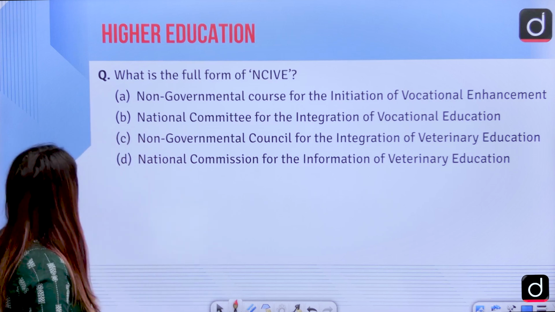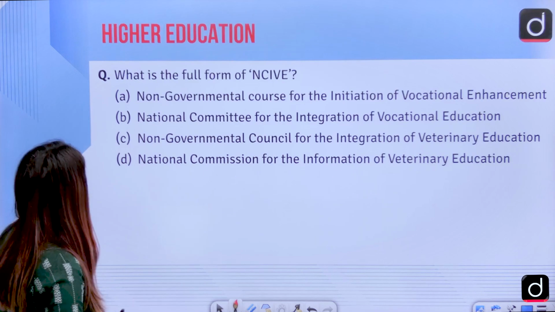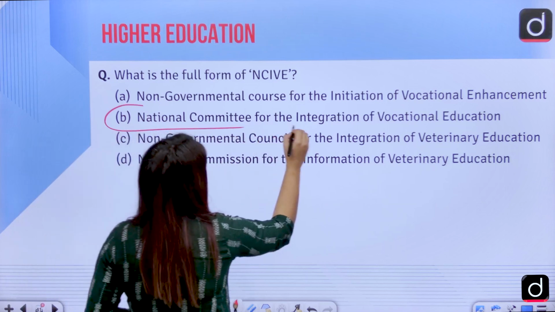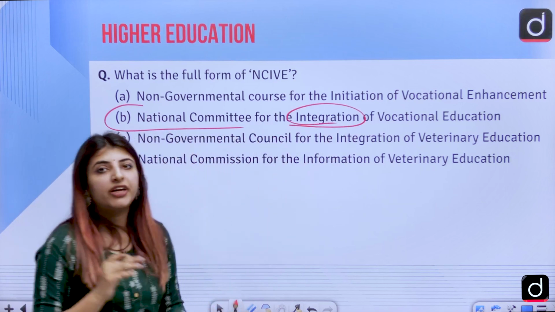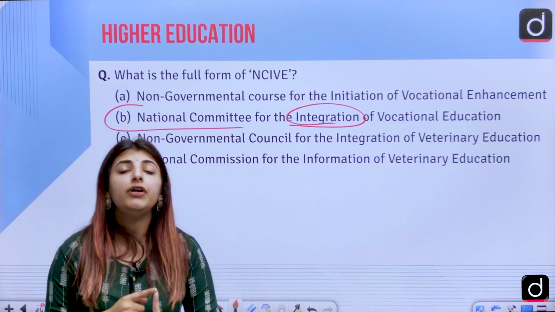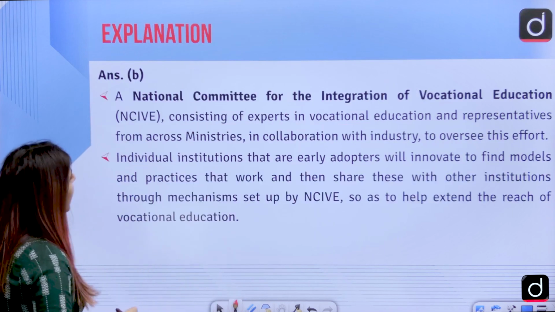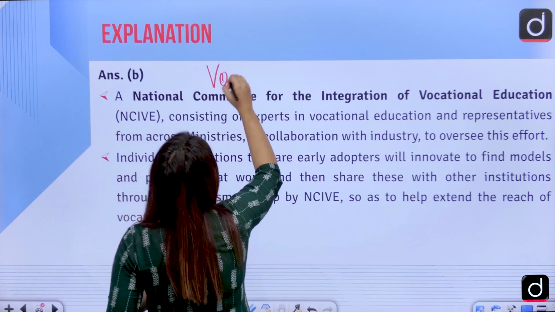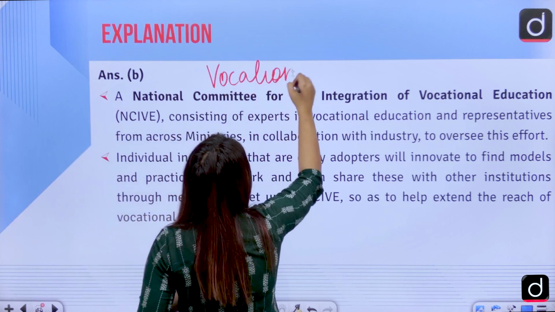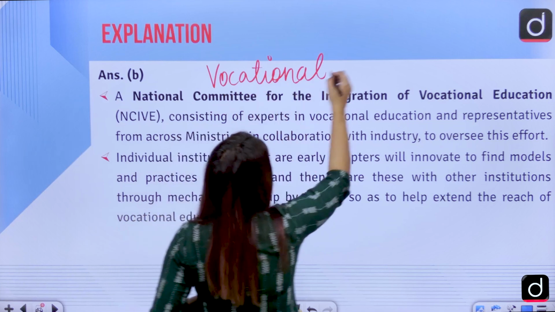Next is the full form of NCIVE. The answer to this question is option B, that is National Committee for the Integration of Vocational Education. Now, if we talk about the higher education field, right, we all would have seen how much importance is given to this very topic, vocational education.